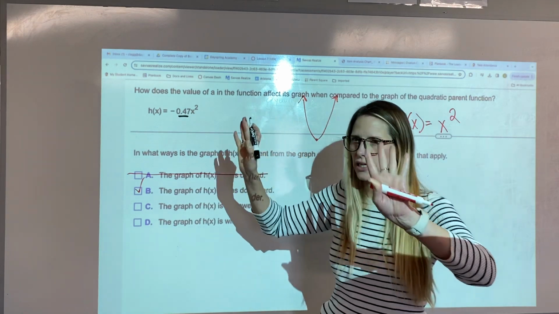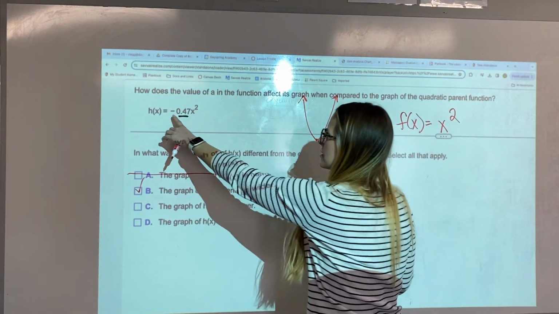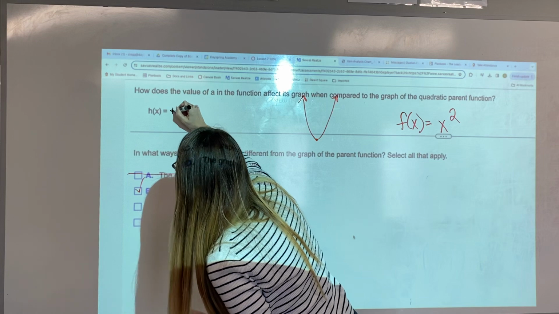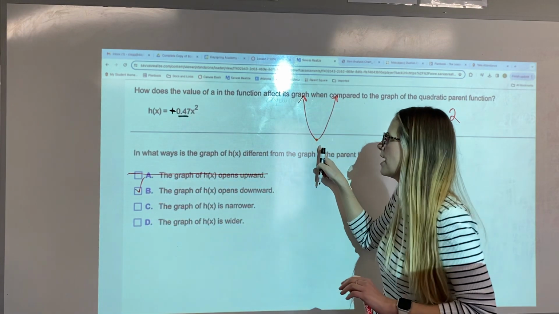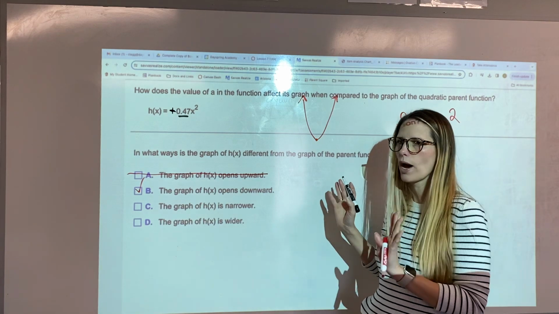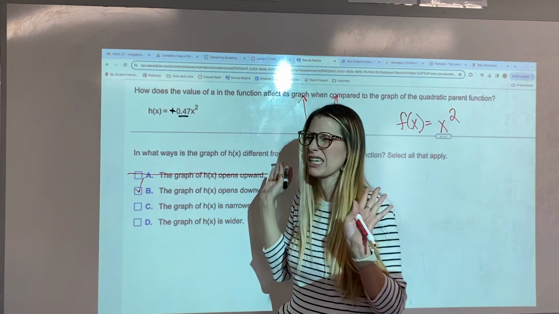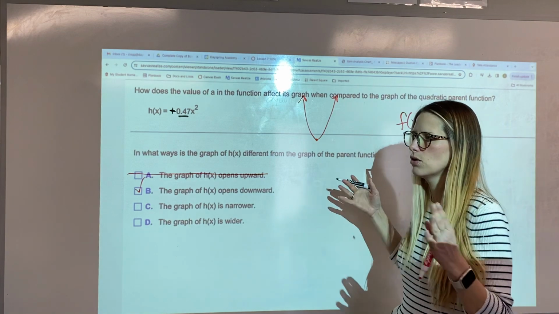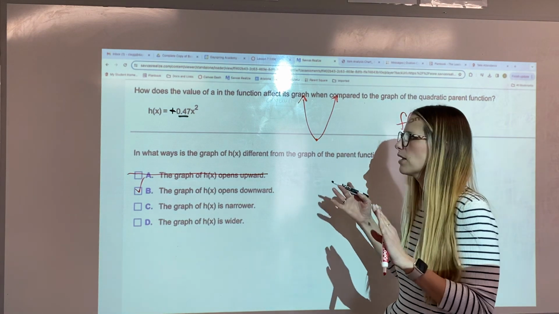Let's just for kicks pretend that this is actually positive, just so I can compare it with the parent function and not have to worry about it facing downward. Can we just do that for a second? In terms of the narrow and wider, let's just pretend it's positive so we can work with positive numbers because the narrowness and wideness will be the same.